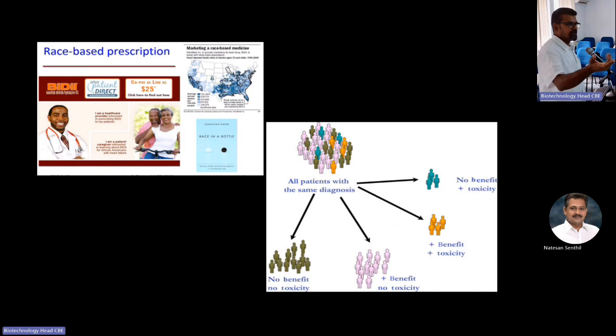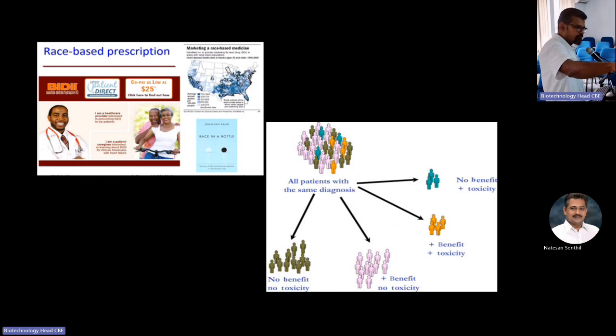So basically, this is one concept of pharmacogenomics. All patients with the same disease diagnosis can have four different responses, right? One set of patients will have no benefit but toxicity, side effects of the drug. Certain patients will have benefit from the treatment, but they will have side effects. The third group will have benefit and no toxicity.